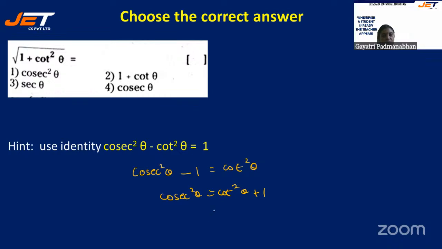Okay. So when you take root of 1 plus cot square theta, which is nothing but root of cosecant square theta, when you take it out of your root, it becomes cosecant theta. So your answer must be option 4.